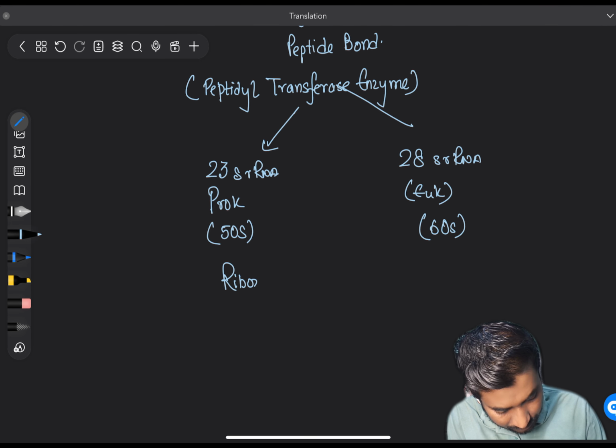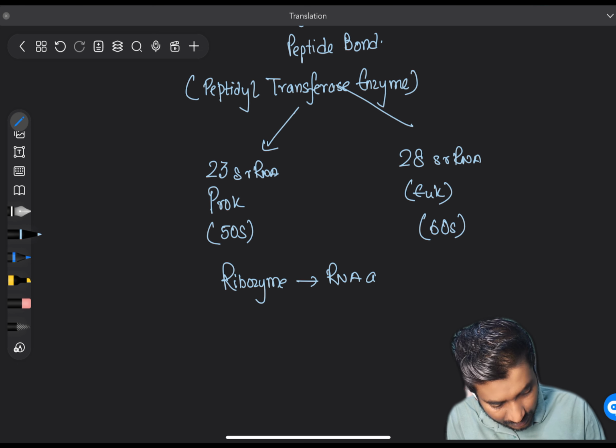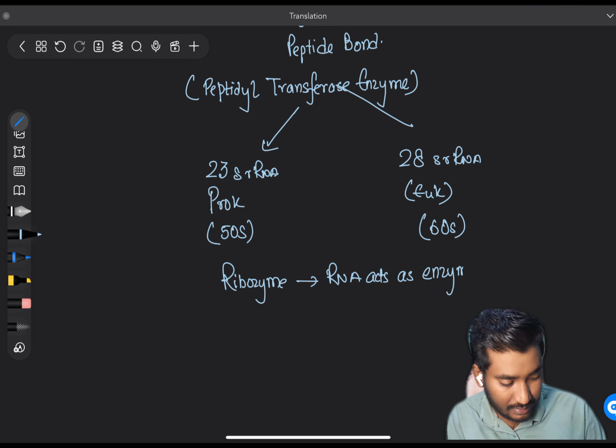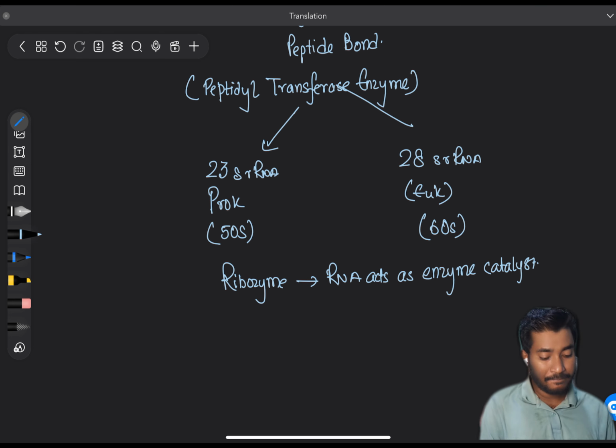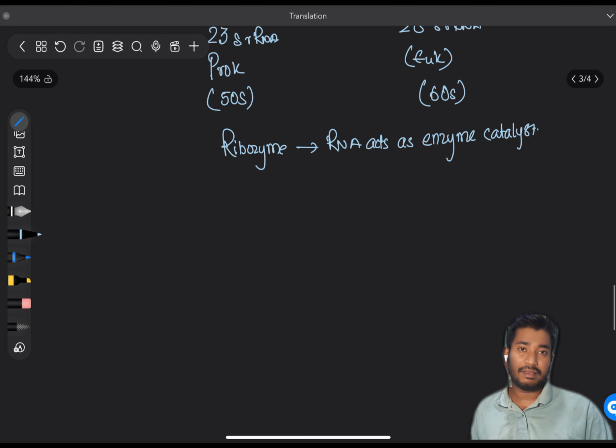The ribozyme: RNA acts as an enzyme catalyst.